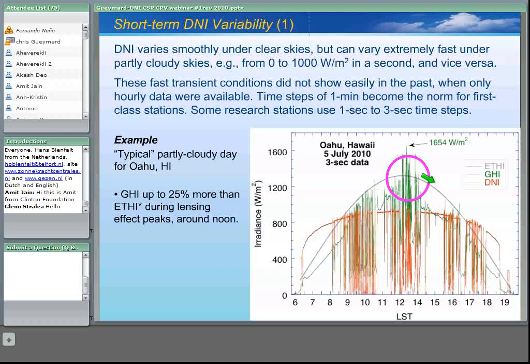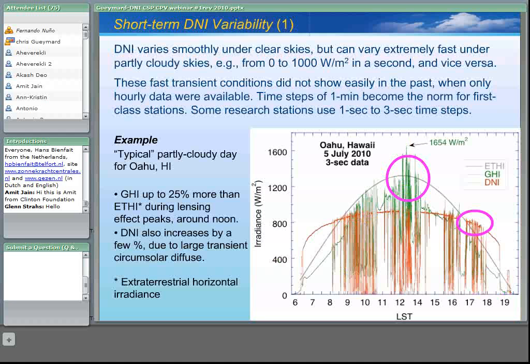The extraterrestrial irradiance is the gray line here, and the orange line is DNI, and you can see that there are also some effects from the clouds on DNI, more limited than on global, but still a little bit.